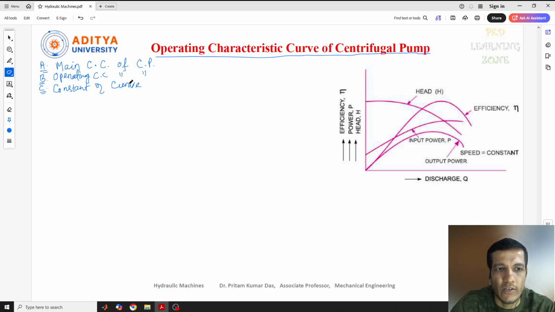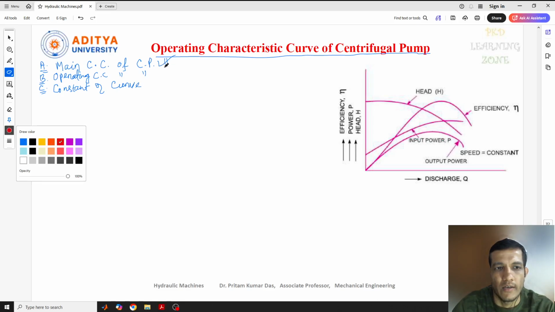In the last lecture we already discussed the first one. The main characteristics curve is plotted by conducting a number of experiments on the centrifugal pump, considering different parameters.